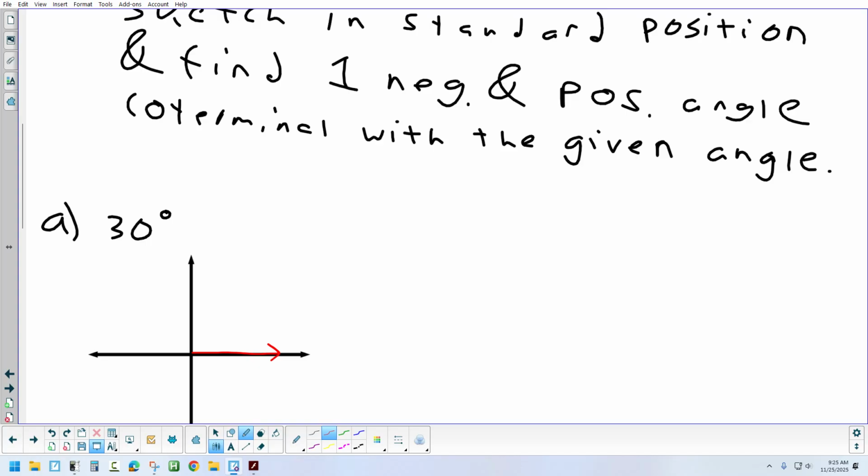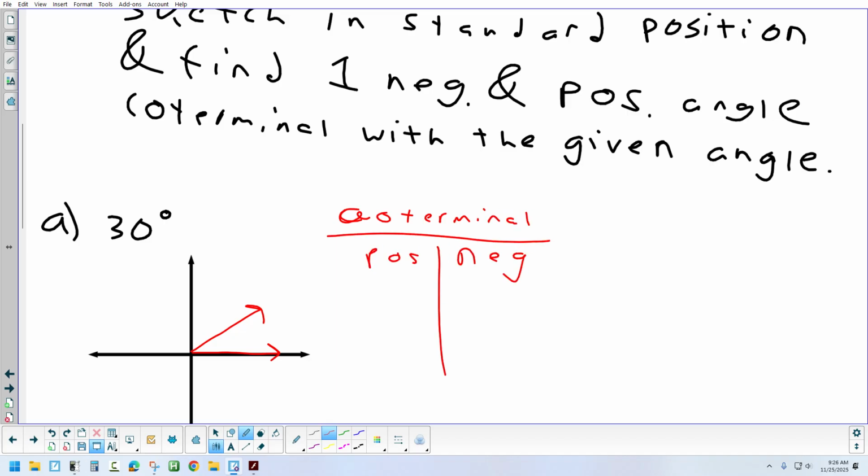If you think of the quadrant as 90 degrees, it's about a third of the way through. So, maybe something like that. Maybe a little bit lower, but that's okay. So that's about 30 degrees. Now let's find an angle that's coterminal and positive.